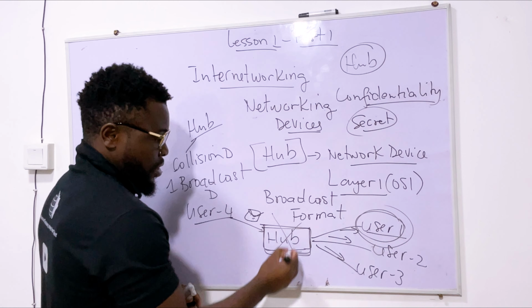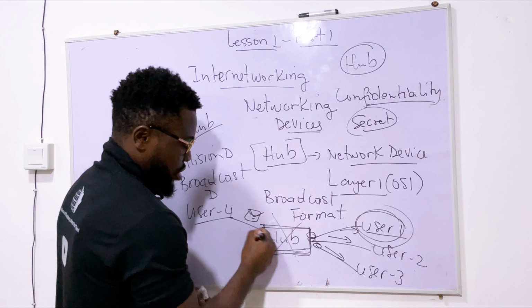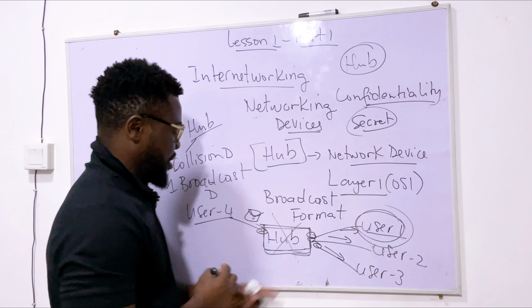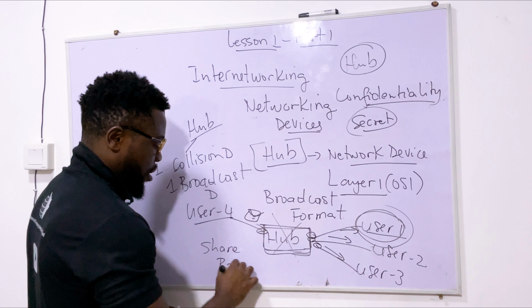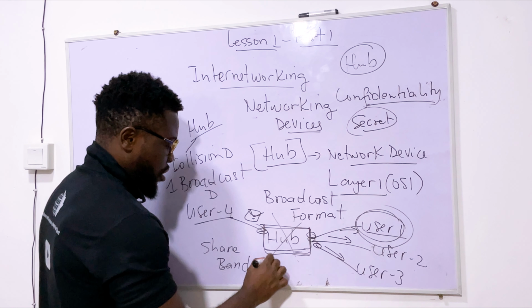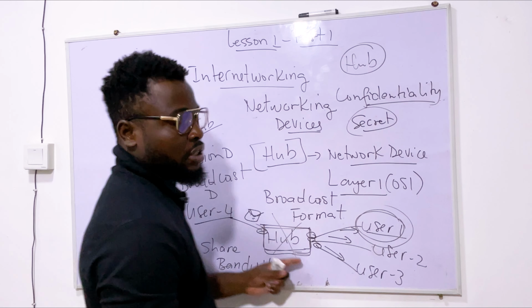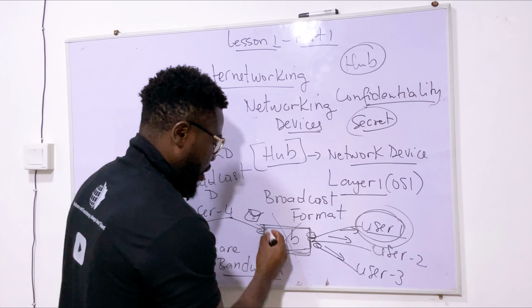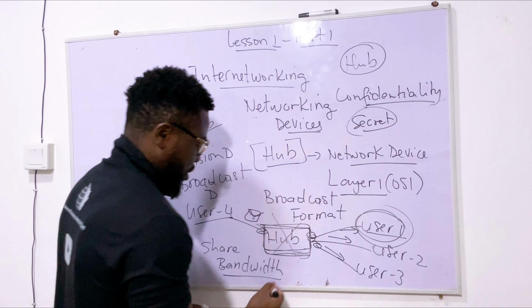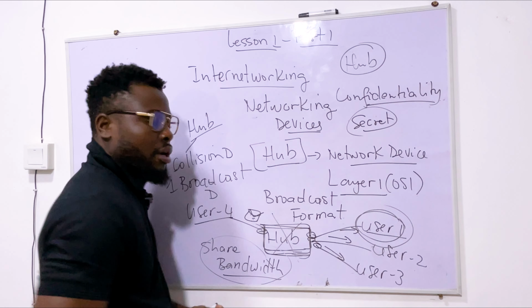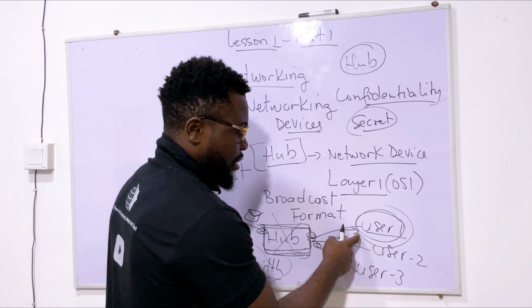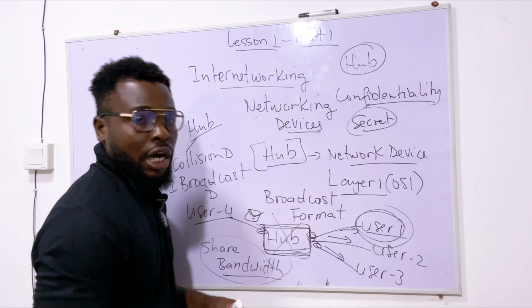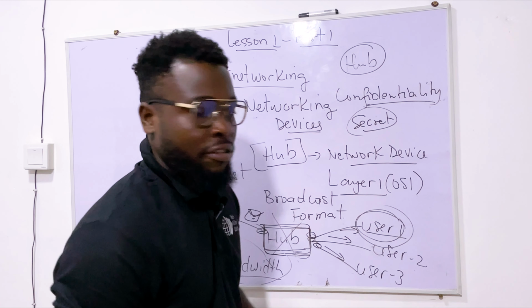Among all the ports that it has, it shares the bandwidth. So it's not something you can rely on. The interfaces all share the same bandwidth. That's how come a message destined to one device is sent across the other devices.